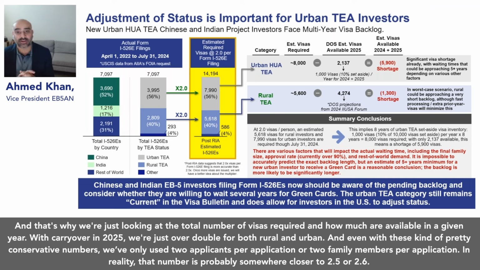With carryover in 2025, we're just over double for both rural and urban. And even with these pretty conservative numbers, we've only used 2 applicants per application, or 2 family members per application. In reality, that number is probably closer to 2.5 or 2.6.